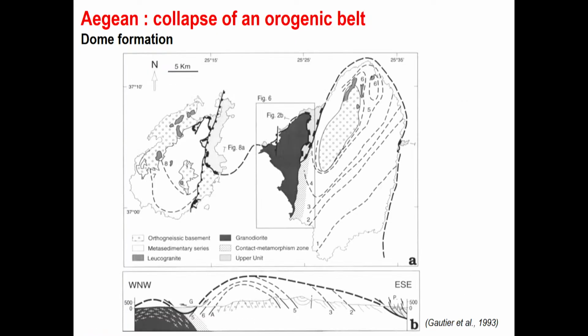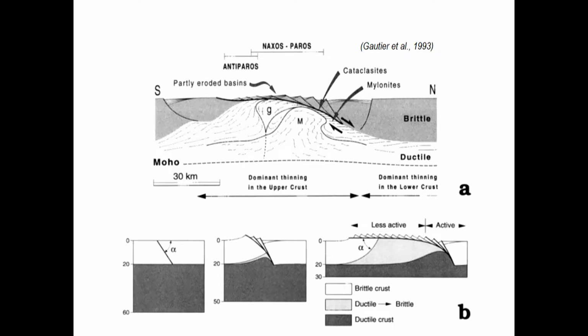Another option was proposed just afterward by Gautier, that the detachment might be playing a role, and it's then a 2D view of dome formation. It's really an antiform that should form in this sequence. And the idea being that beneath this detachment, the ductile crust would be exhumed and forming an antiform.